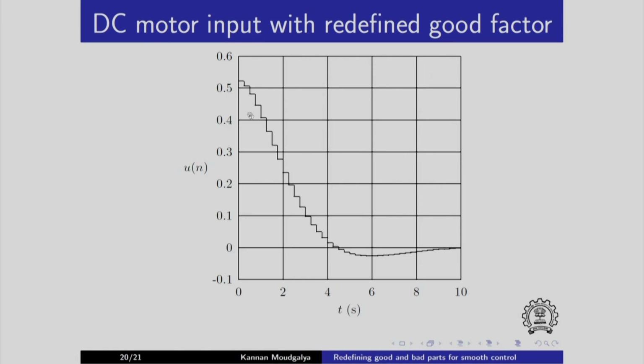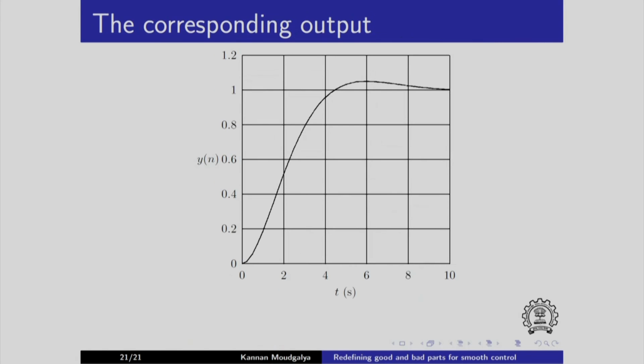This controller results in a very well behaved control effort U. The oscillations that we had have been completely removed. The corresponding output is given here. It is more or less the same as what we had obtained earlier. There is no loss of information.